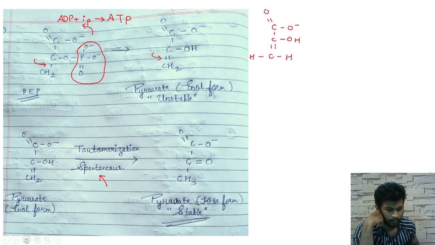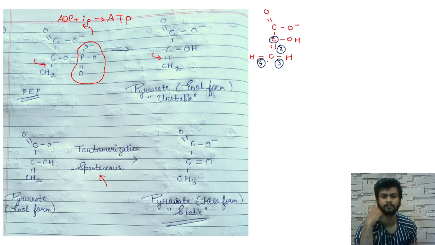And if we count the number of bonds, for this carbon, these 2 bonds, this is the 3rd bond and this is the 4th bond. 4 bonds are there. For this carbon, this is 1, 2 and these 2 bonds will make 4.